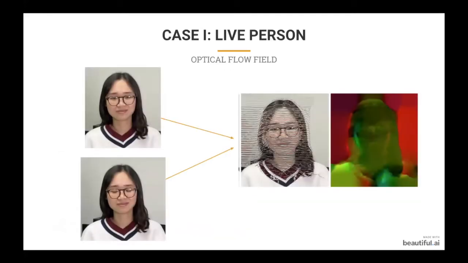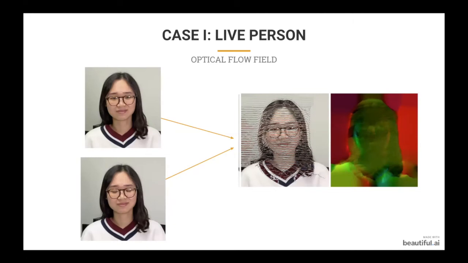So here is what we tried. This is the first case. We input the sequences of images, and then we get the warping of the 2 images, and the second one is the calculated optical flow field. As you can see here, what we are looking for is the discontinuity of the flow field. The discontinuity of the flow field should agree with the object boundaries.